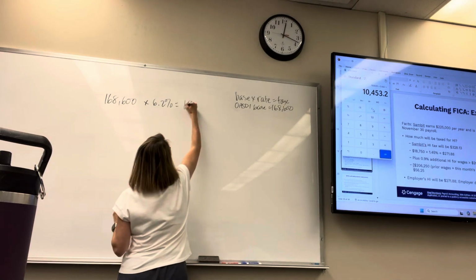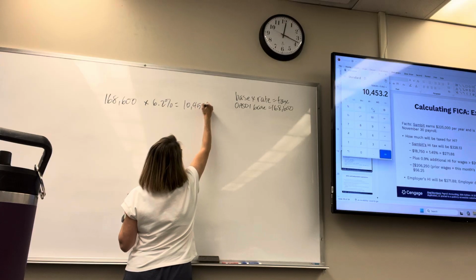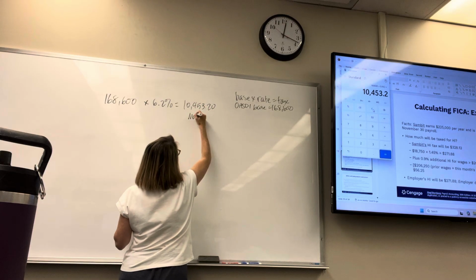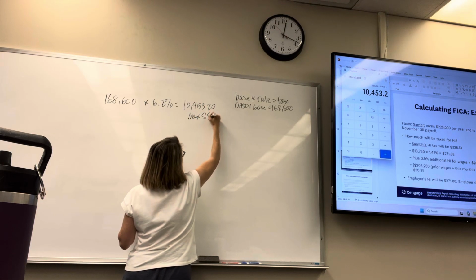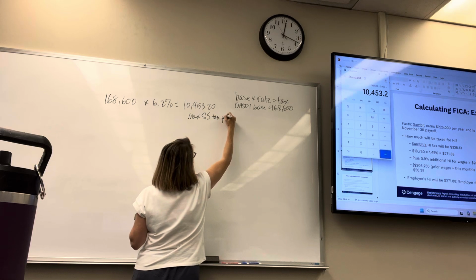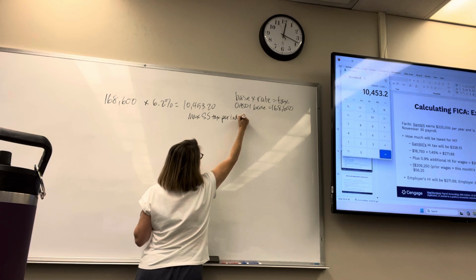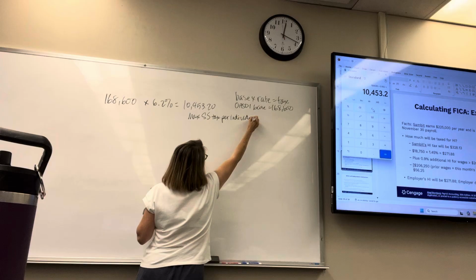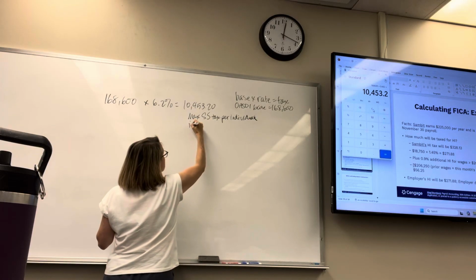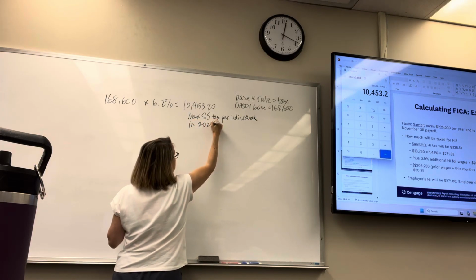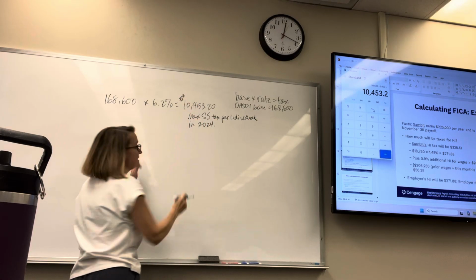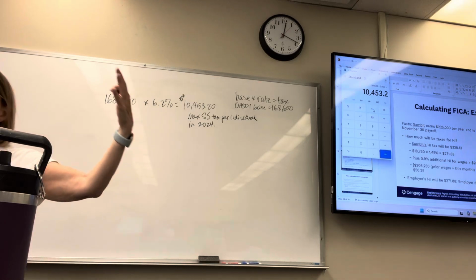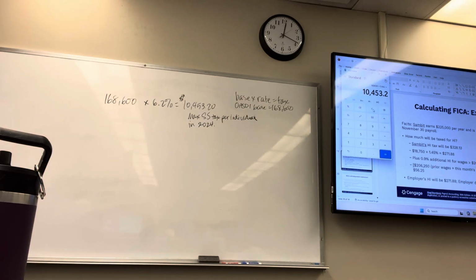$10,453.20. This is the maximum Social Security tax per individual in 2024. So, as an individual, you will not have to pay... Okay, I shouldn't say that, because don't think about self-employment tax right now.